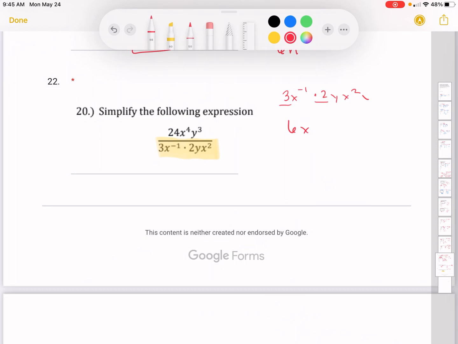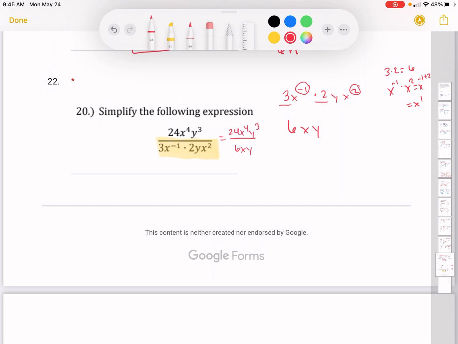X to the negative 1 times x squared. You get negative 1 plus 2, which equals x to the imaginary 1. And then we can just bring down the y. So that whole denominator is equal to 6xy. So that whole bottom, I'm going to rewrite it as just 6xy.